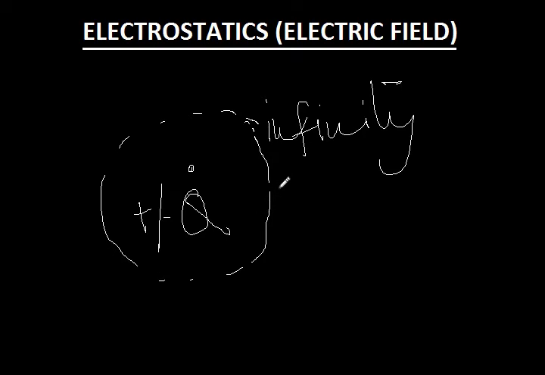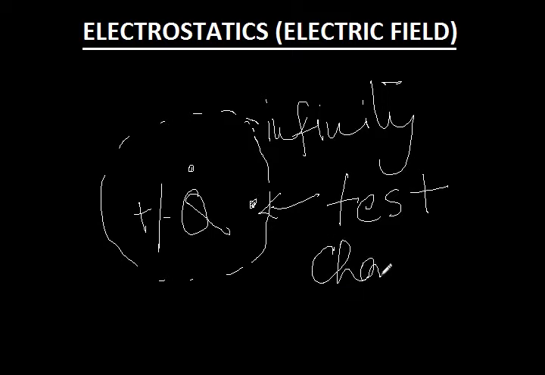Now if you want to measure this field, all you have to do is to introduce what we call a test charge. Now a test charge is primarily one which has a polarity or a sign of plus and the magnitude of 1. So a test charge will always be positive in nature and having a magnitude of simply unity or 1.